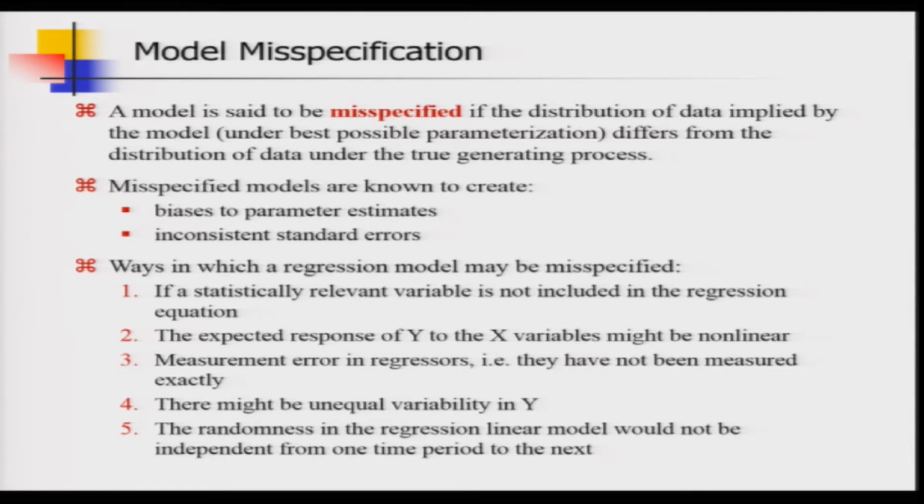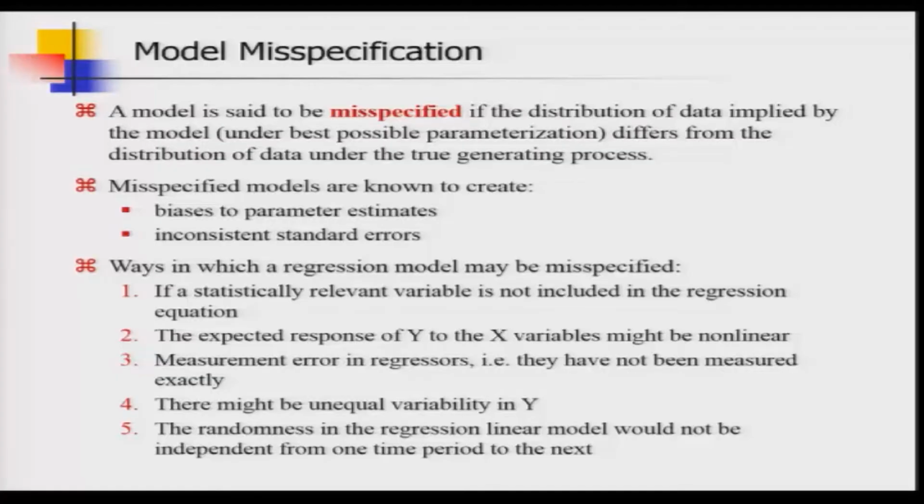Then we are going to talk about the second source of model misspecification, and that has to do with the functional form of the regression equation. To start with, we have assumed that my x, the explanatory variable, is linearly related to my dependent variable y, and that is why we have linear in parameter, linear in variable models.